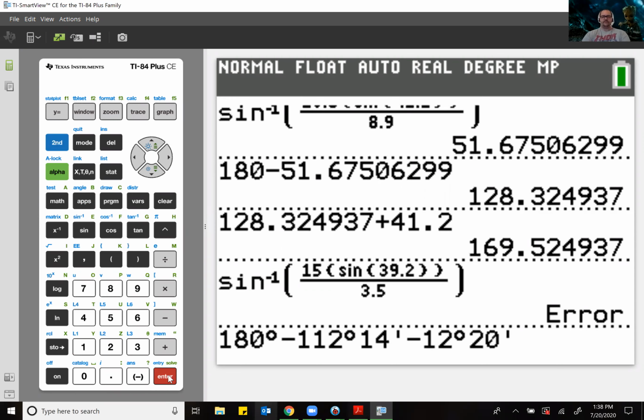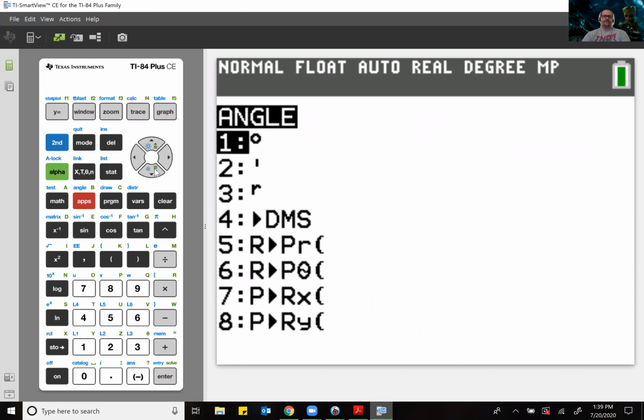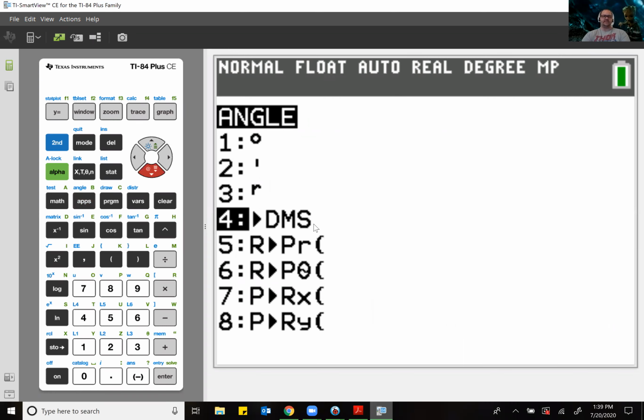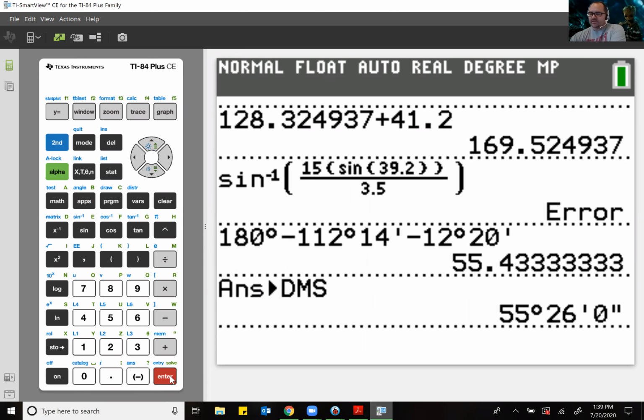Hit enter. And there it is. Now this is all in degrees, but we want it in degrees and minutes. So again, hit second apps, scroll down to number 4, which is degrees, minutes, and seconds. Hit enter, enter, and there it is. There's the measure of angle A. 55 degrees, 26 minutes. Okay?